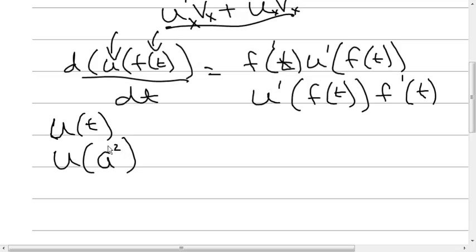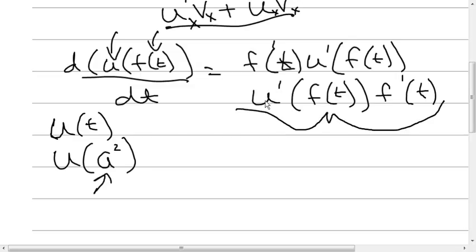And when we take the derivative, we've got to allow for the fact that this is a function that's more complex than this. In other words, the derivative of t is 1. However, the derivative of a squared is 2a, and we've got to take that into consideration. So this is just the application of the chain rule.